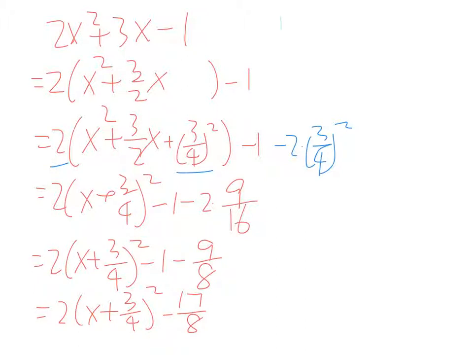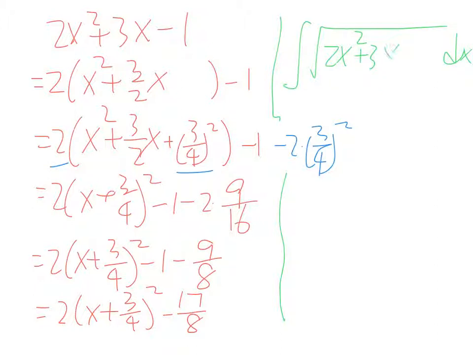So in our class, again, in calculus, we expect to do something like this. For instance, what if we're given the square root as an integrand to integrate, which will have 2x squared plus 3x minus 1. The first thing you do is complete the square, and then this becomes 2 times x plus 3/4 quantity squared minus 17/8 dx.